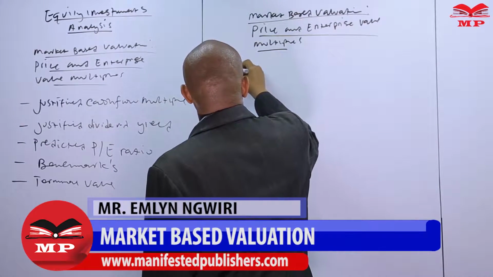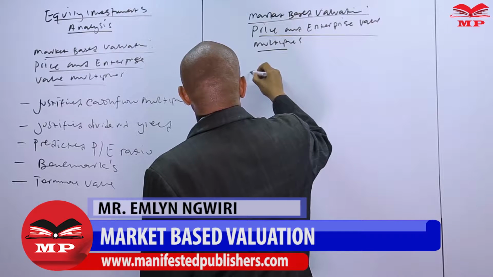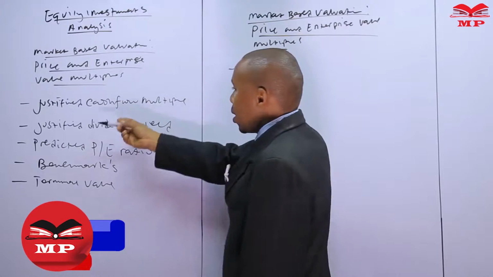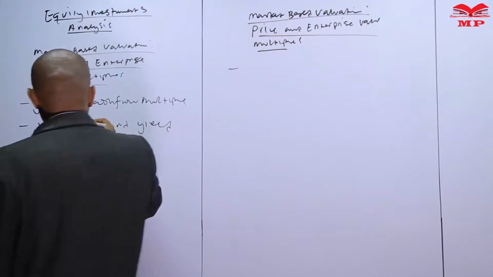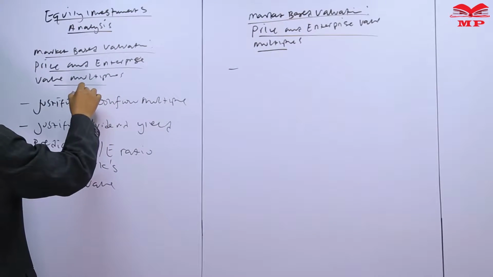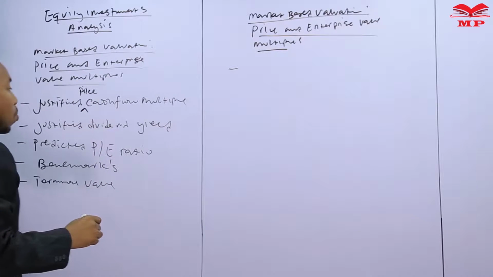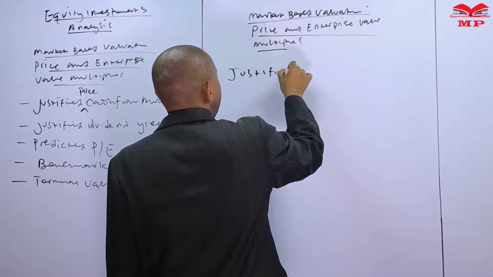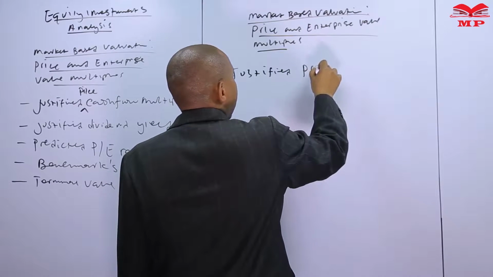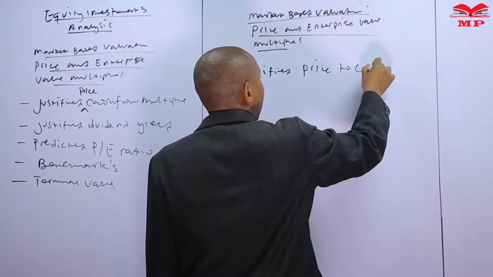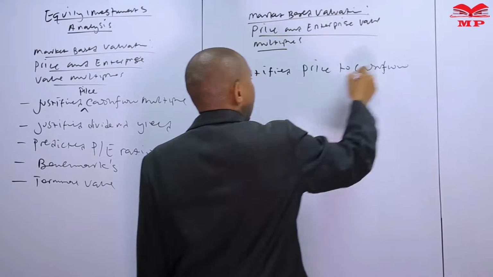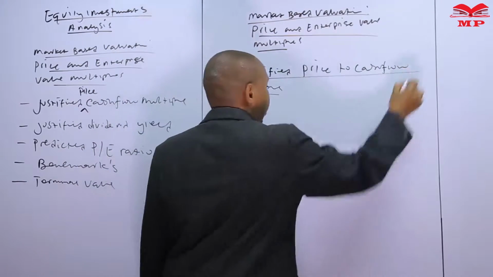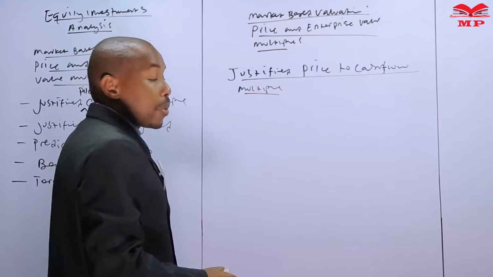Now we will begin by looking at the justified price to cash flow multiple. I had written justified cash flow, but please note that this should be justified price to cash flow multiple.